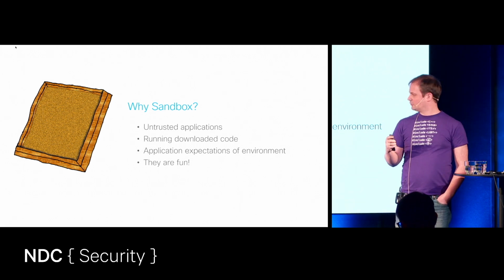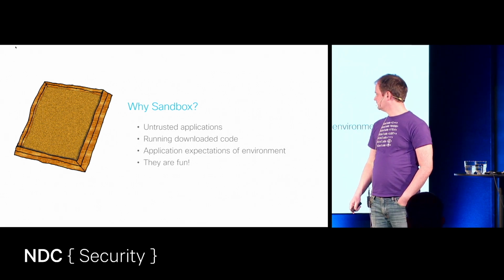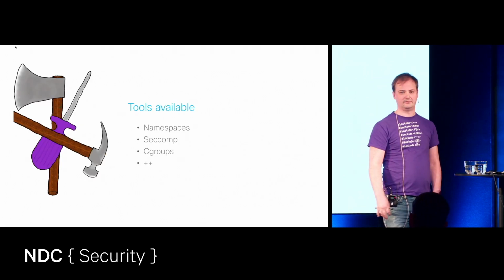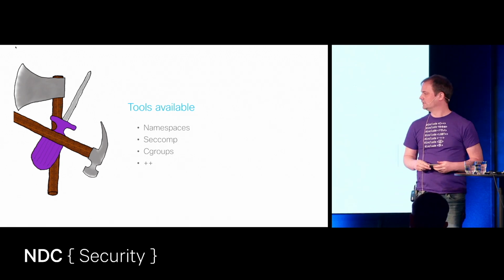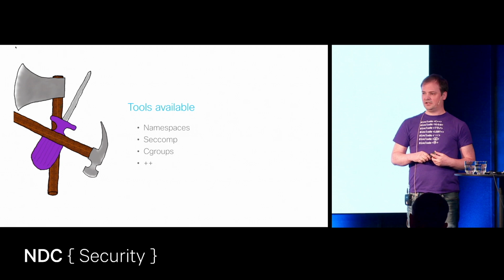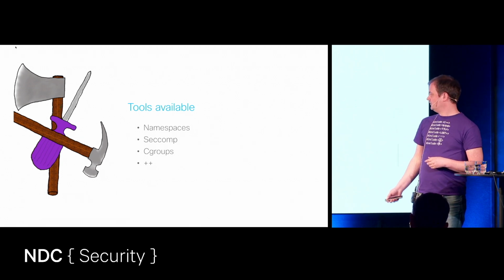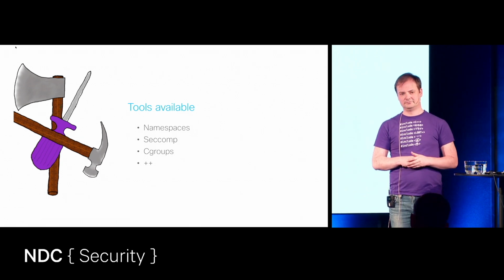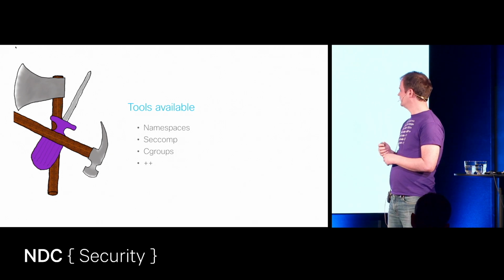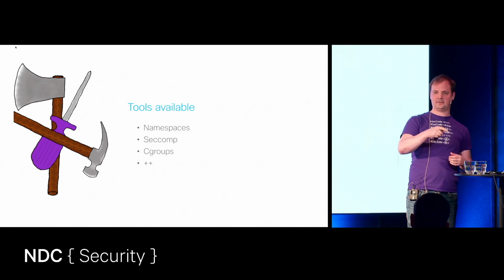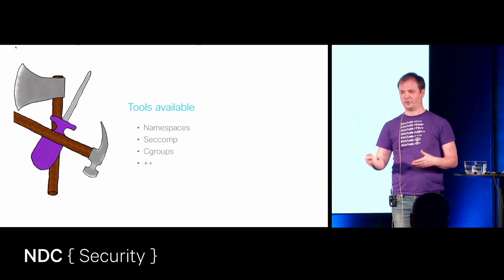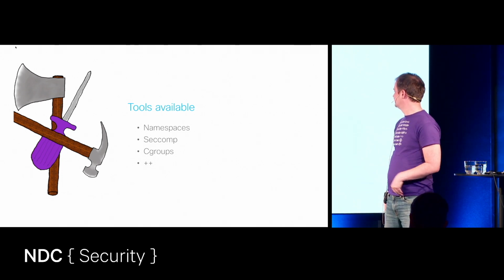And there's quite a few tools on Linux that you need to use to make a sandbox. So today I'm going to talk about the first two, namespaces and Seccomp. C groups I don't really have time for. If you want to learn more about C groups, go back in time and watch Michael's talk, or watch it on YouTube when it's out.